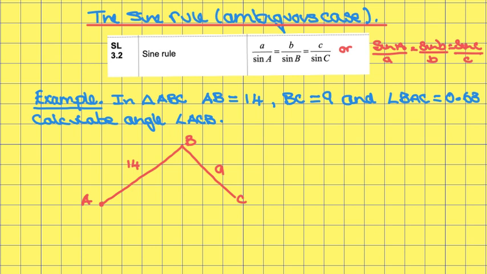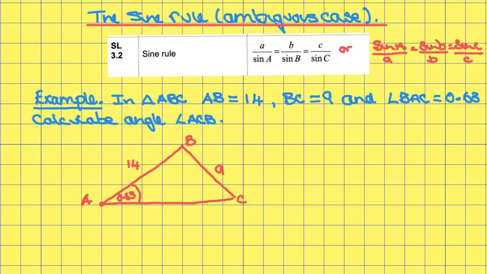Well, 1 radian is approximately 57 degrees, so 0.63 is about 35 degrees. So that is one possible triangle that we could draw.